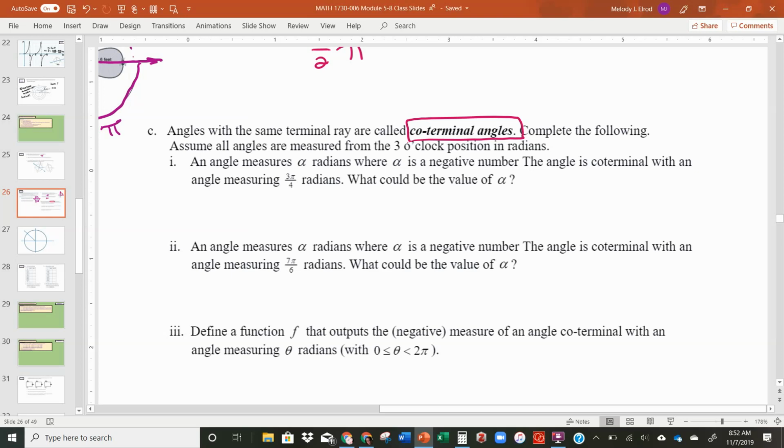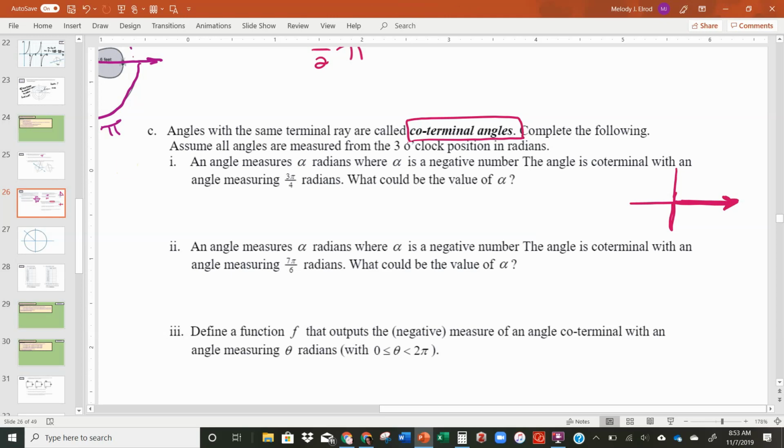So let's just draw that out real quick. We've got standard position here, an initial ray here, and alpha is a negative number. The angle is coterminal with, or ends at the same place as, an angle that measures 3/4 pi radians.